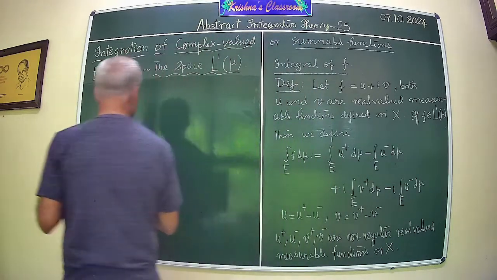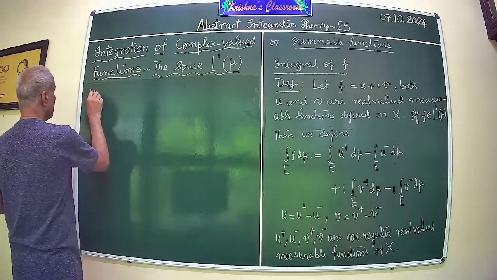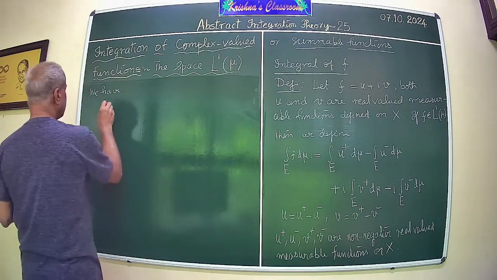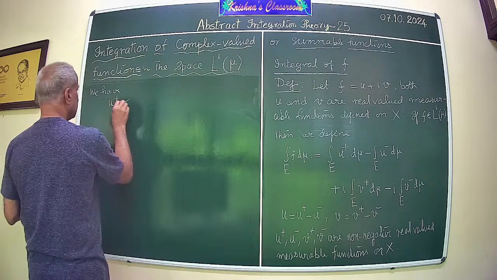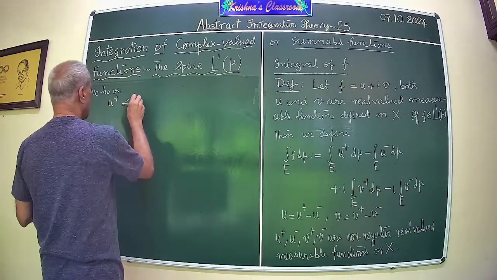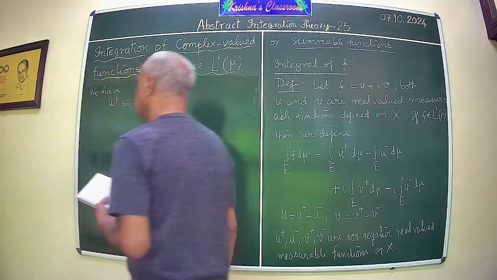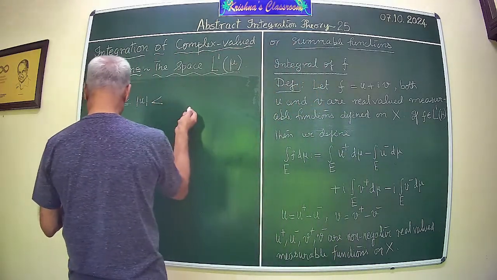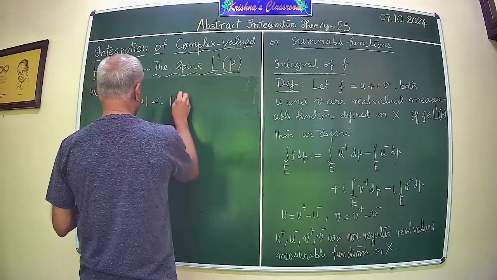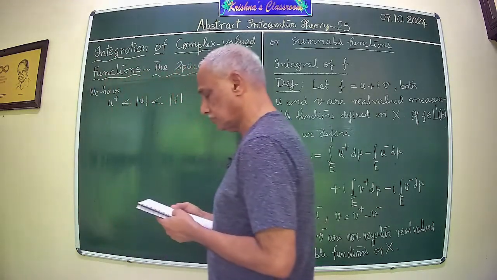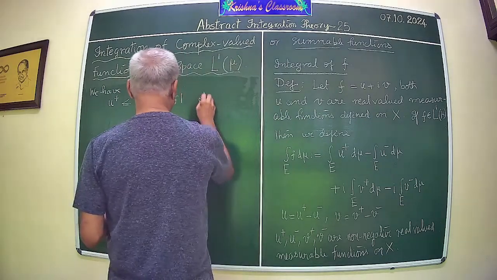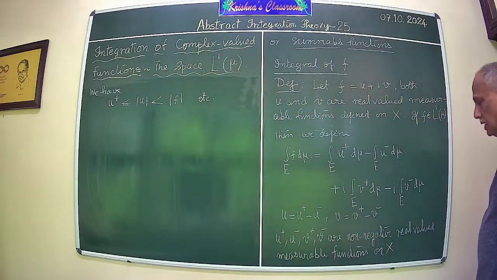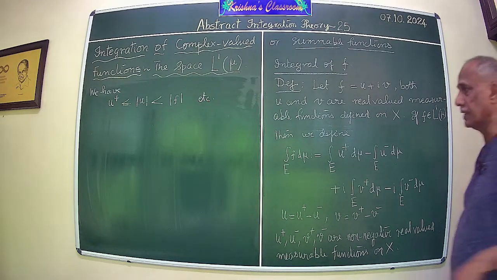See, u plus is non-negative, which is less than or equal to mod u, which is less than or equal to mod f, and similar results hold for u minus, v plus, v minus.